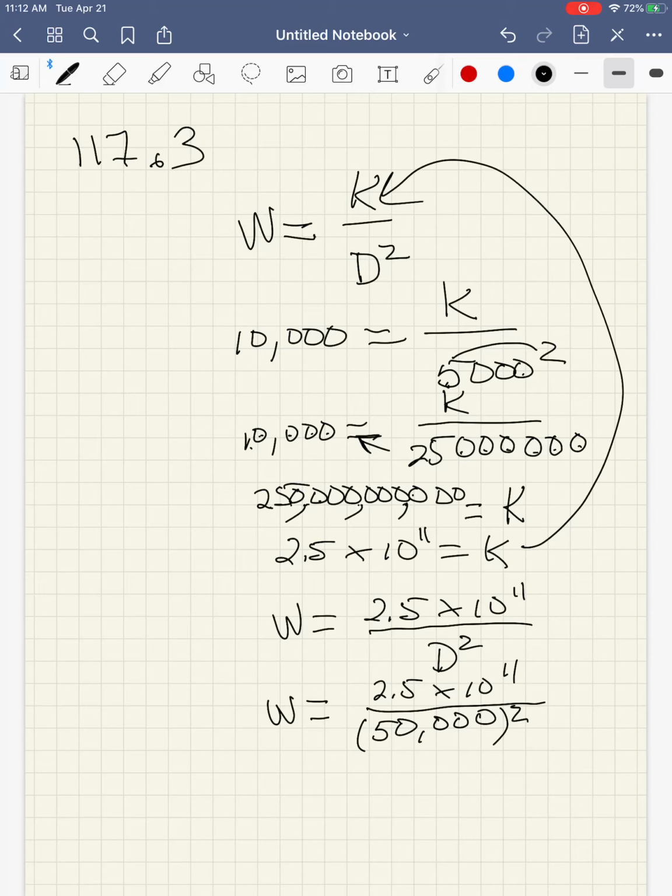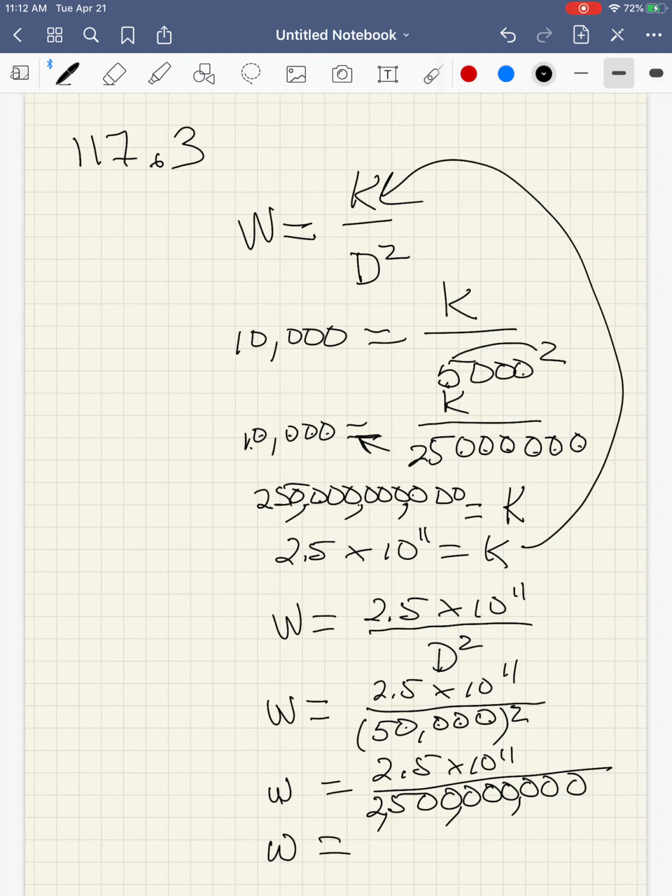All right, so 50,000 squared. That would be 5 times 5 is 25, and there's 1, 2, 3, 4 zeros, so there'd be 8 zeros, right? Okay, so now let's write that in scientific notation as well. It'll make it easier to solve this.